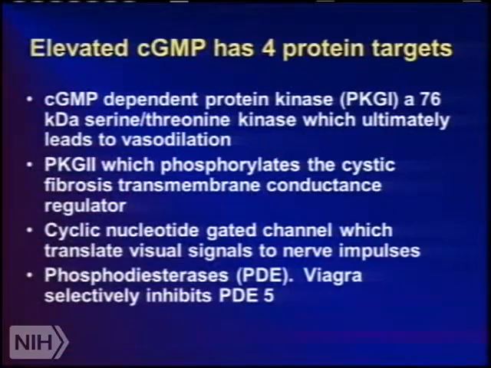One of the targets is protein kinase G. This is a protein which will phosphorylate serine and threonine amino acids on various protein substrates, and this ultimately leads to vasodilation.